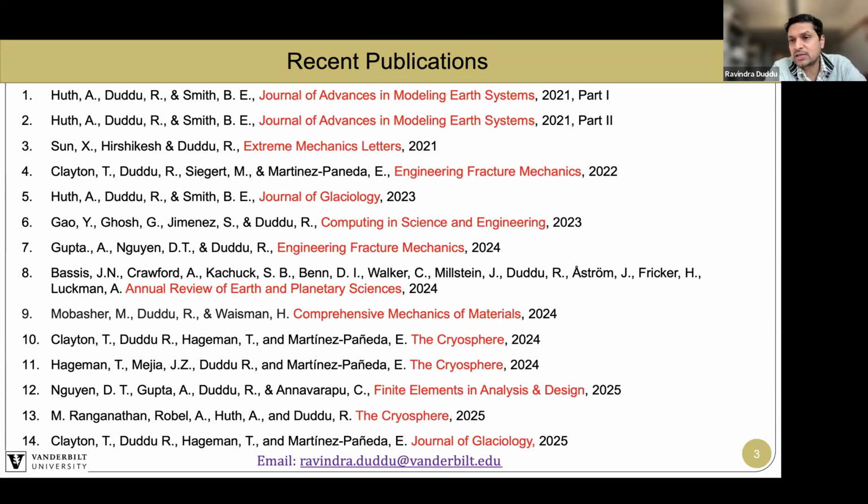It's a very simple analytical study, and what we find is that the firn layer actually makes fractures propagate deeper in floating ice shelves. So both the Gao paper in 2023 and the Clayton paper in 2024, number 10 and number 6, showed that firn has a huge impact on fractures in floating ice shelves.